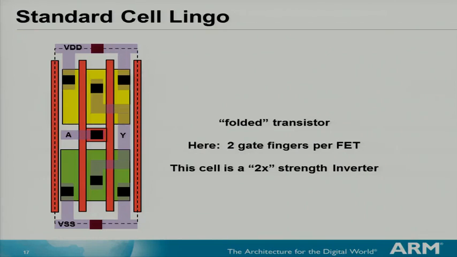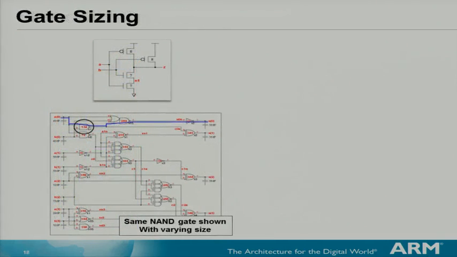So you have 2 gate fingers for this one FET, and this cell is called a 2x strength inverter. As you want more drive strength, you start increasing the width, not the width of the transistor, but horizontally you start adding more and more folds here, and that's how you get multiple drive strengths.